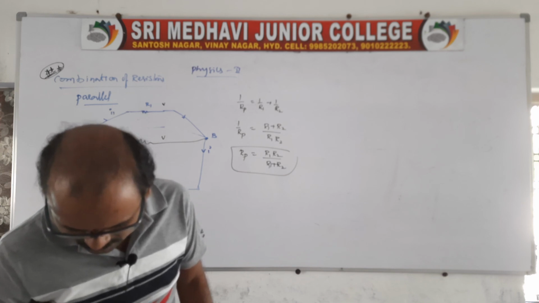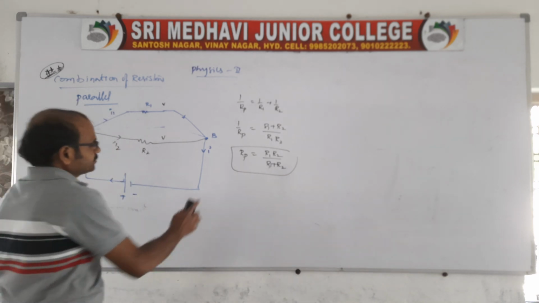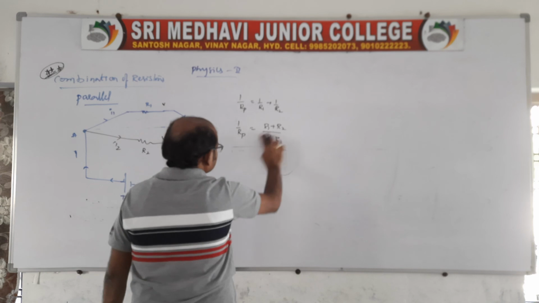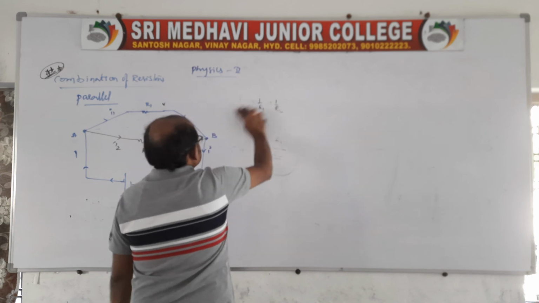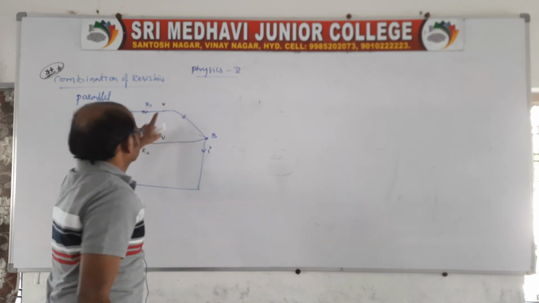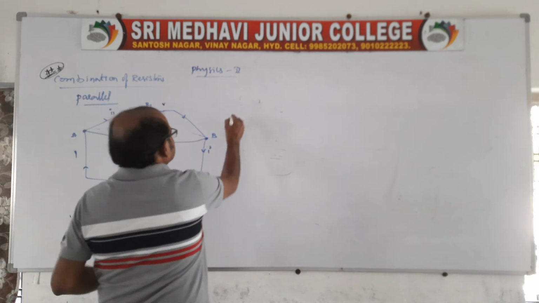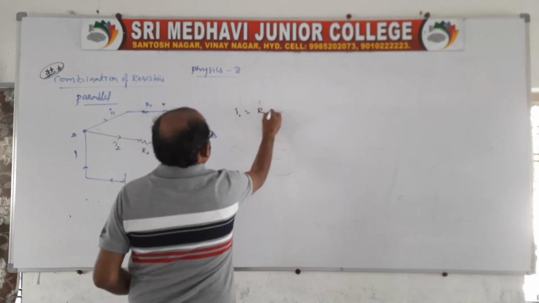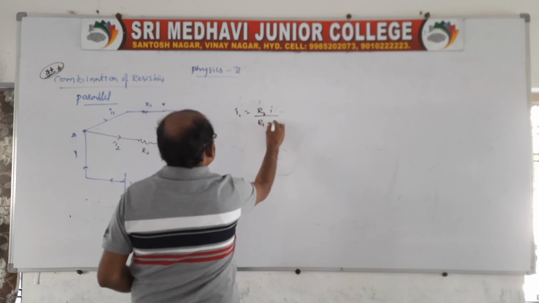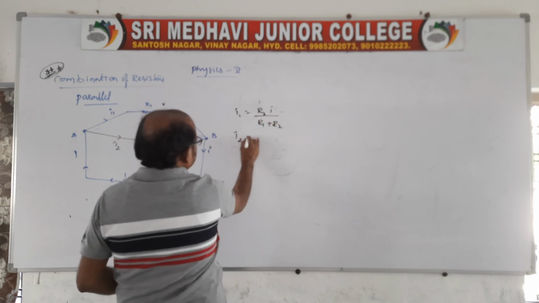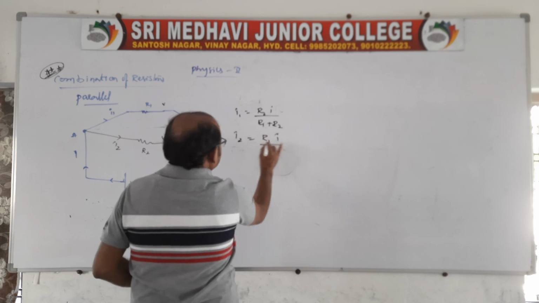Suppose I want to calculate the I1 current, then I1 is equal to R2 I by (R1 plus R2). Similarly for I2, it is R1 I by (R1 plus R2).